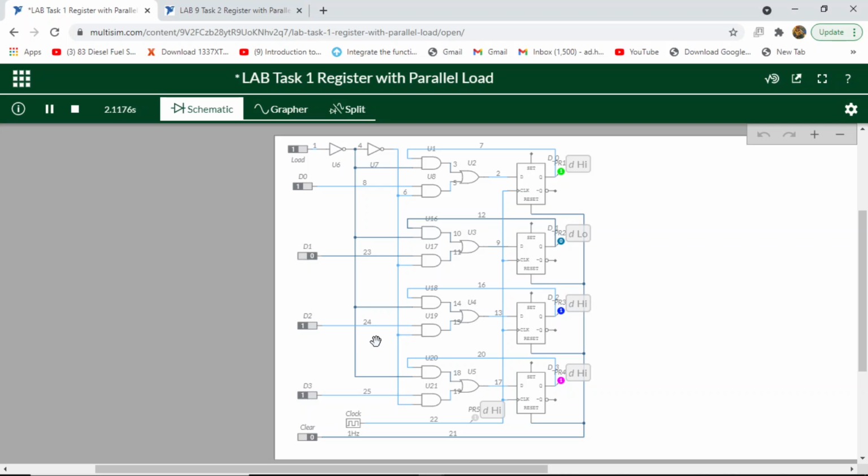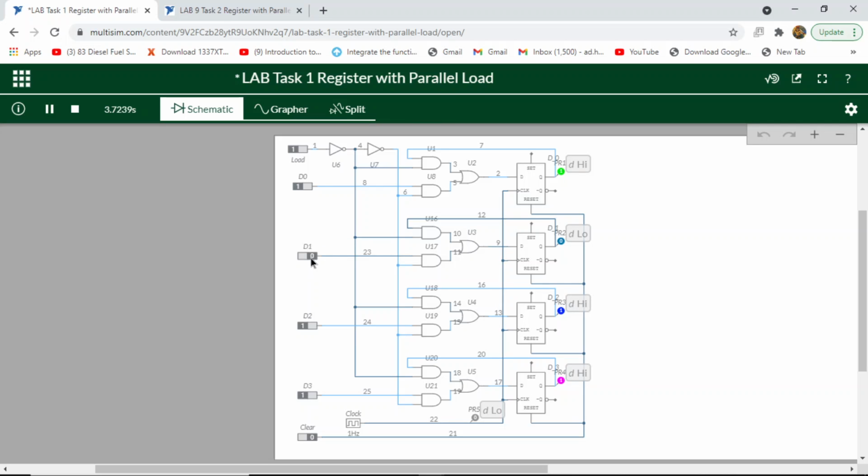So we can see from there D0 is 1 and load is also 1. So this AND operation is 1 and 1, and 0 there, so the OR operation is 1. It shows 1 output.